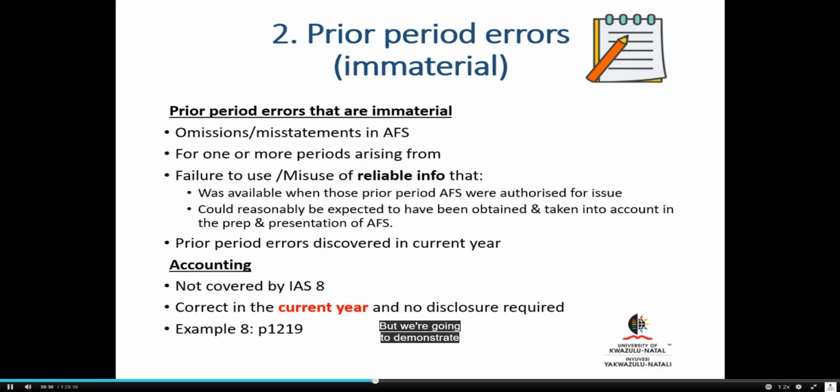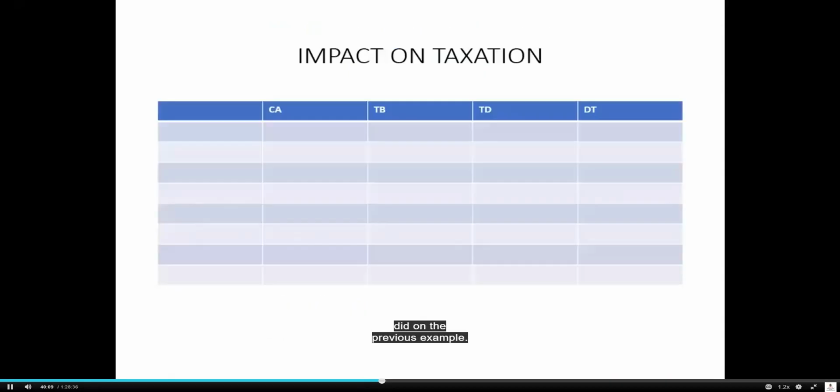Now, in your textbook, on page 1219, there is an example 8. Example 8 indicates the treatment and adjustment of an immaterial prior period error. What I'm going to show is the journals quickly, and we're going to go through a similar tax calculation for this error, like the one we did on the previous example.